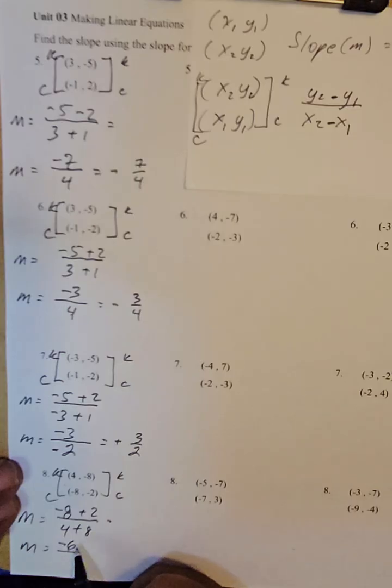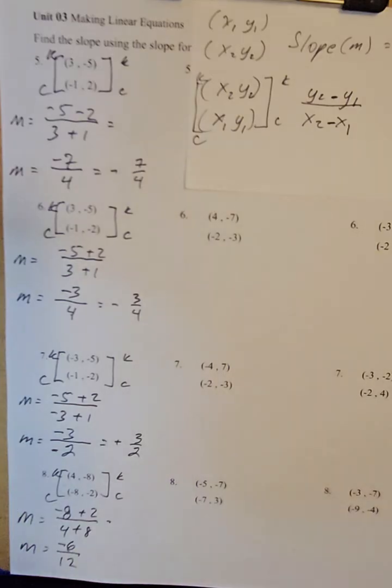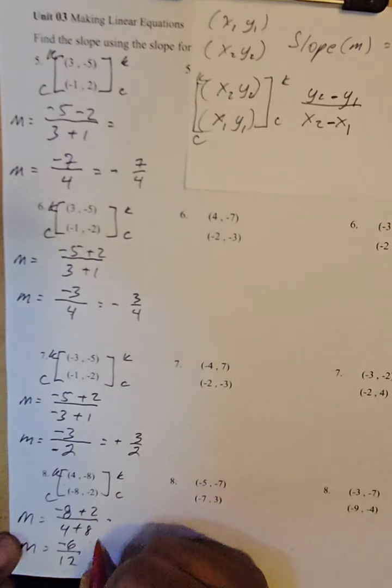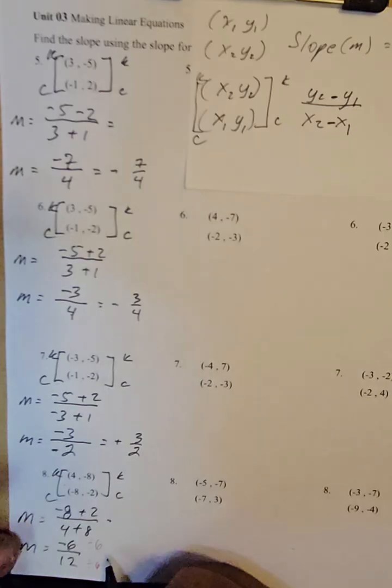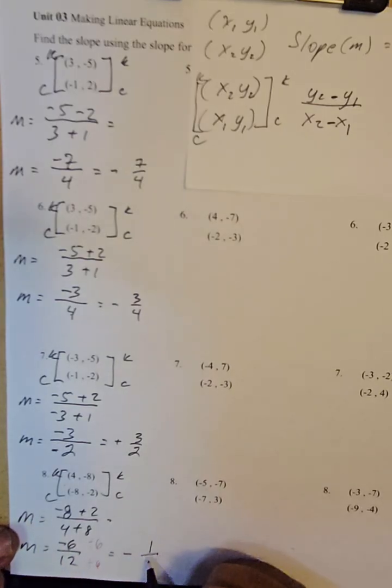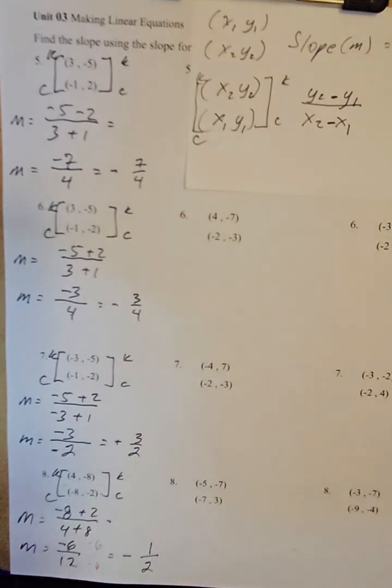Same signs add, so we'll get a 12. Bigger sign wins, +12. Now I'm going to simplify this 6/12 by dividing everything by 6. So we'll end up getting negative, 6 divided by 6 is 1, and 12 divided by 6 is 2. So our slope will be -1/2.